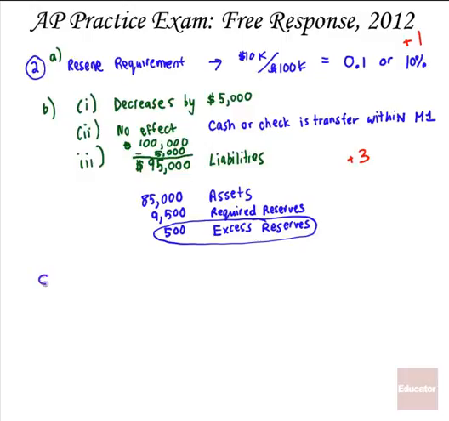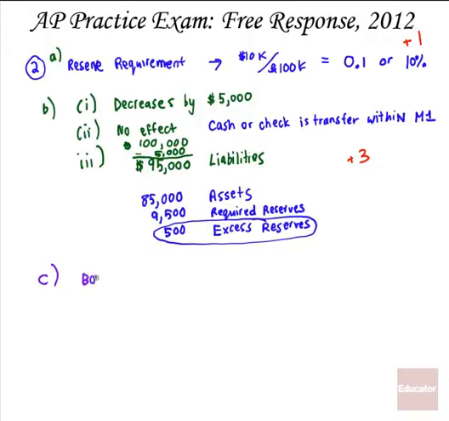Now let's look at part C. This is just being able to get that 1 point. Assuming that John withdraws money in excess of the excess reserves, and assuming no loans are called in, what is Mitra Bank going to do to cover that situation? Basically, there are two possible answers.